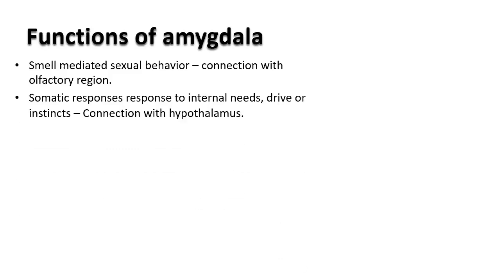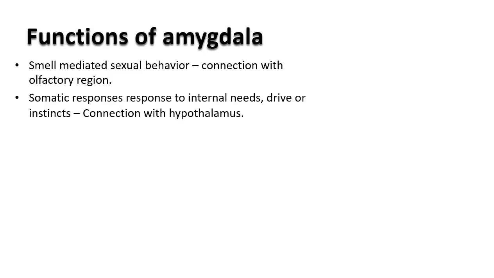So it integrates your visceral responses and also your somatic responses with its connection with the hypothalamus. So your hypothalamus has your satiety center, your hunger center, then also your temperature regulation, circadian rhythm. So all these things.